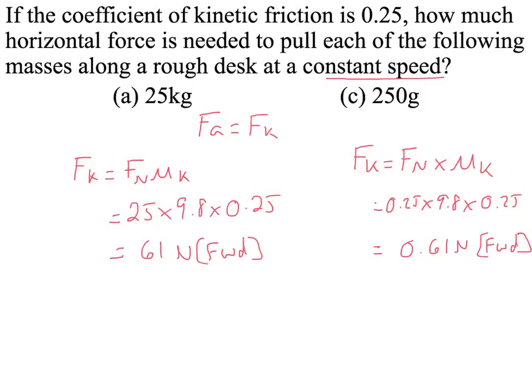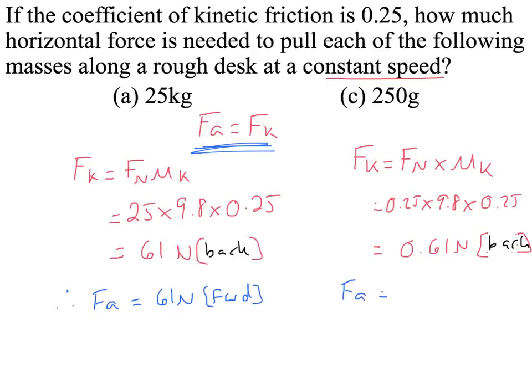Because since we are saying that Fa equals Fk, if we solve for Fk, I should probably clarify, the force of friction would be backwards. Therefore, force applied must equal 61 newtons forward, and force applied must equal 0.61 newtons forward.